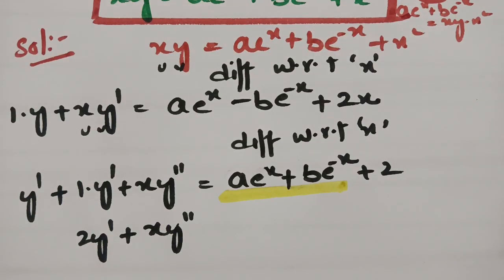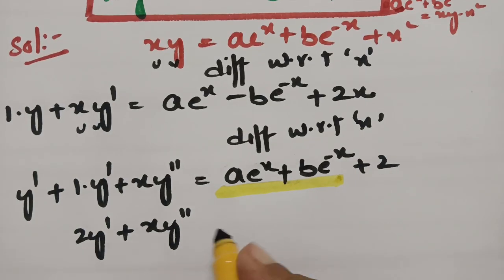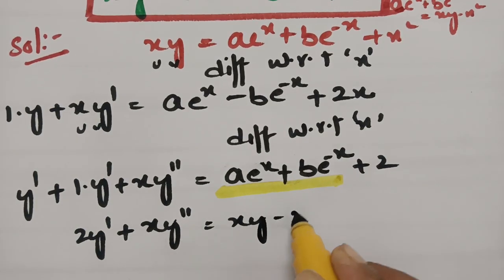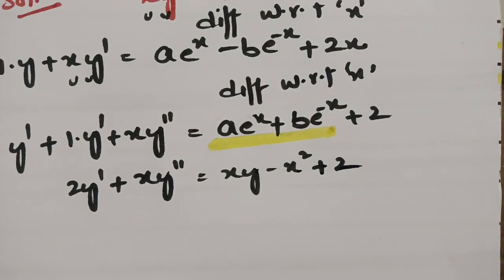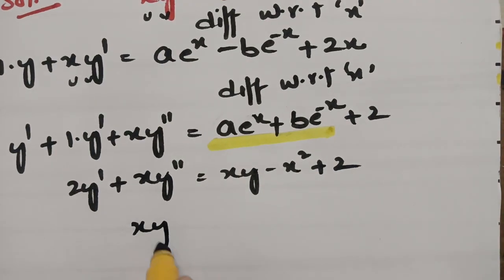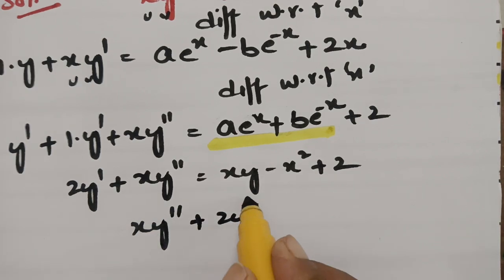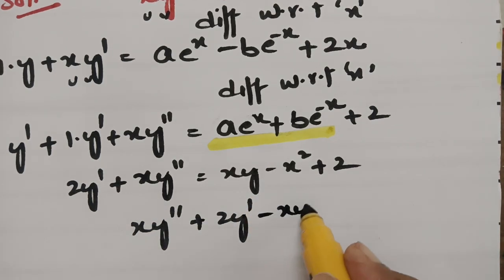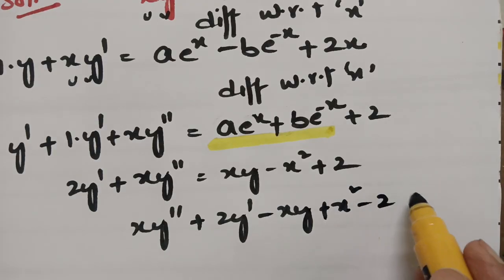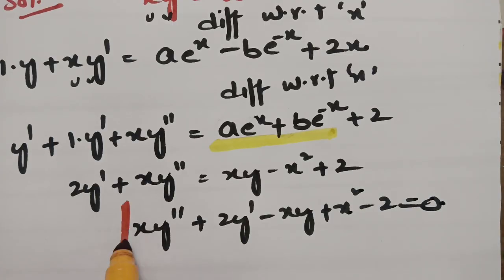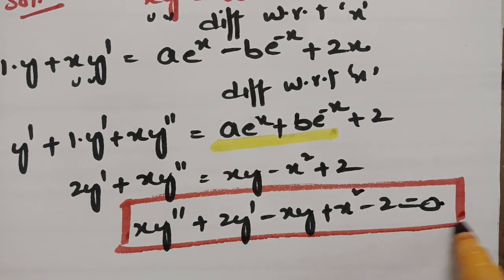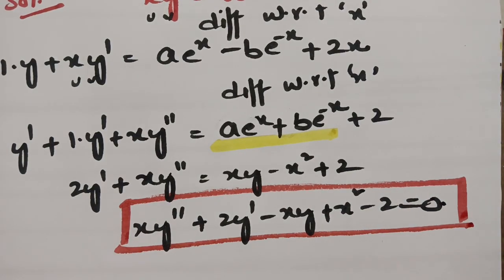So the same thing I am going to write here as xy minus x square, and this value is plus 2. So if you write this one as xy double dash plus 2y dash, and next one this is xy plus x square minus 2 is equal to 0. Now we got a differential equation without the constants small a and small b.